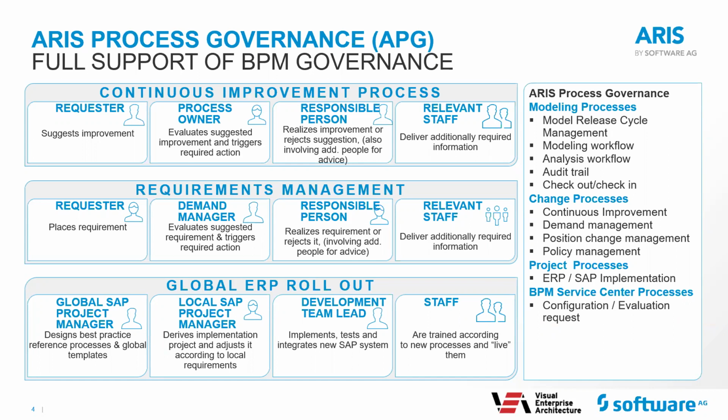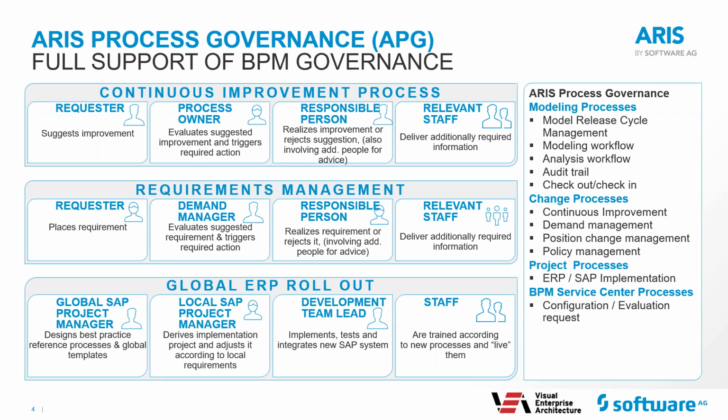So what we see here is we have APG governance processes around modeling processes, such things as model release management, model release cycle management, modeling workflow, analysis workflow, audit trail, and checkout, check-in. So these are out-of-the-box processes that can be configured.